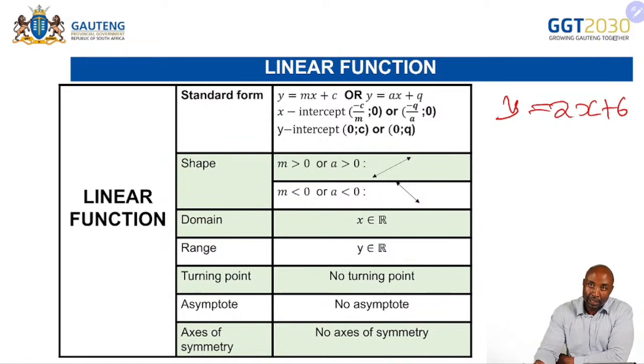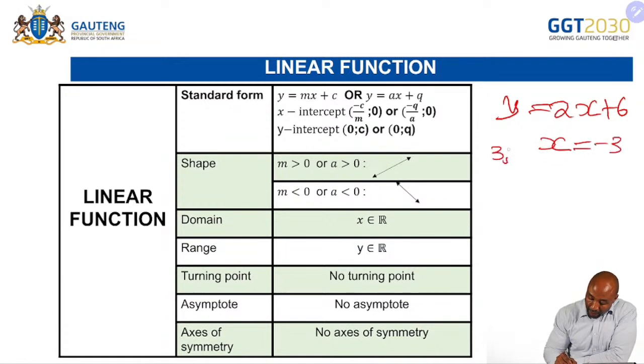We'll get our x-intercept by substituting our y as 0, then we solve for x. In this case, we are going to get our x as negative 3, meaning our x-intercept will be negative 3 and 0.